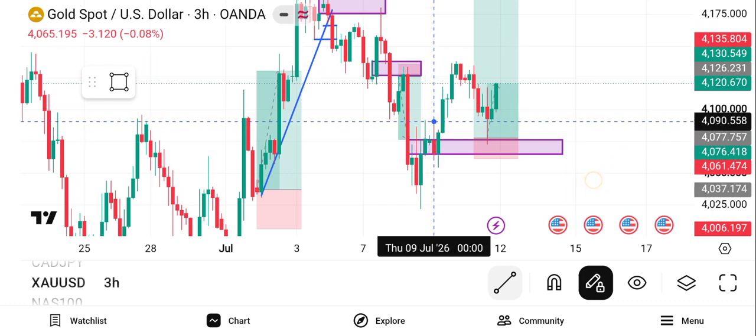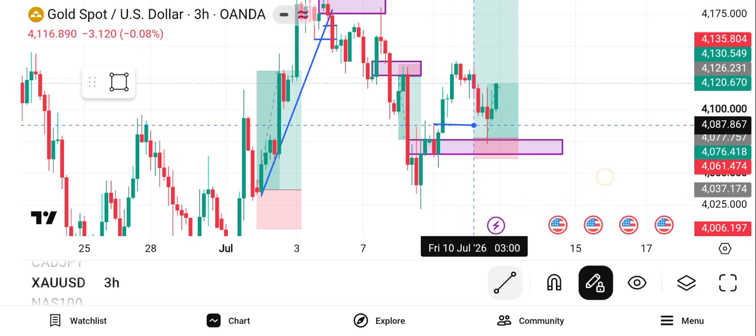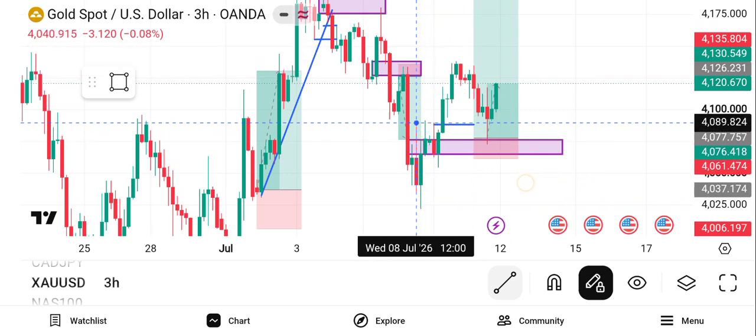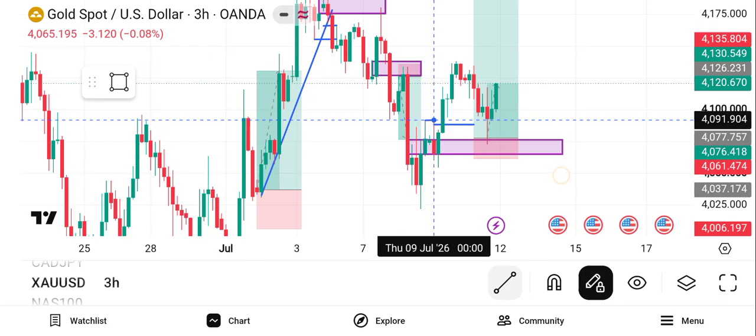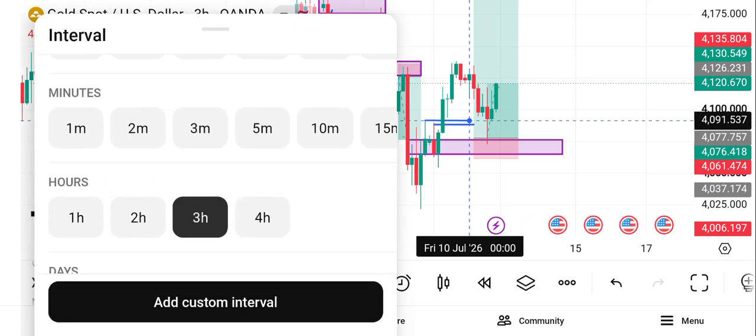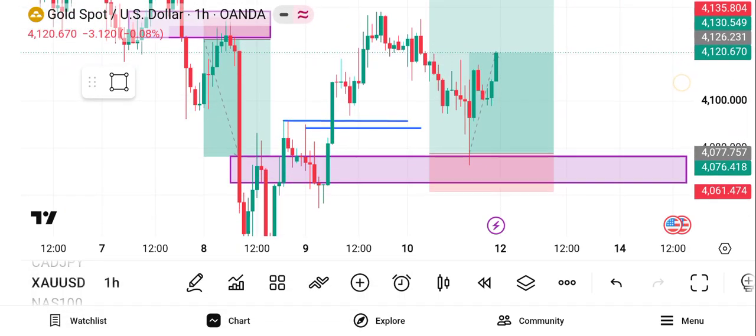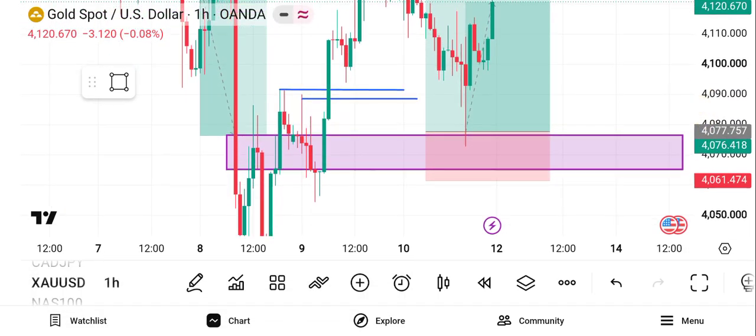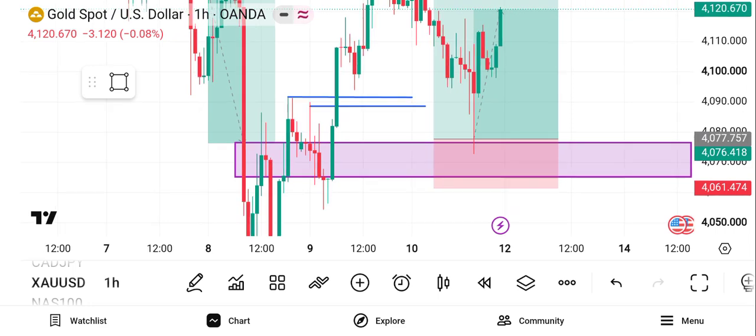These are not candles, these are zones. When the market took out this zone here, I'll go to 1 hour, you see it, and then it took out this zone as well. So let me switch to 1 hour. You can see on the 1-hour time frame, these zones exist on their own.